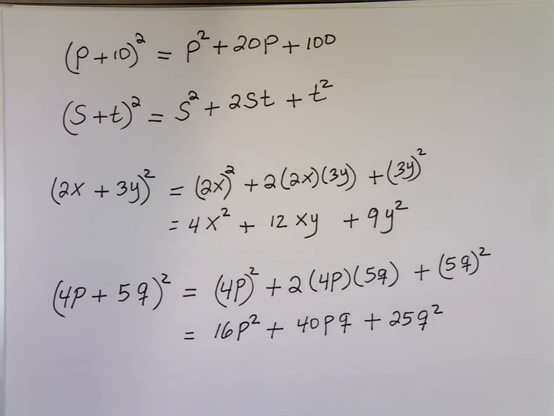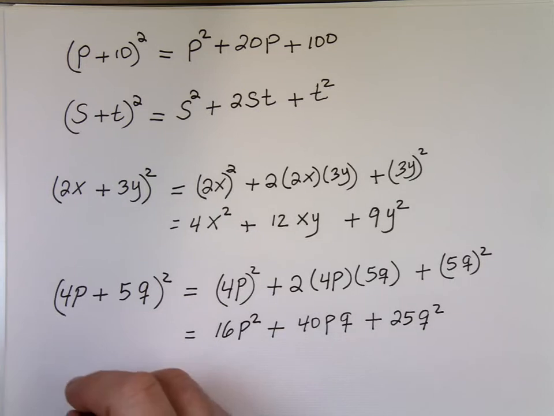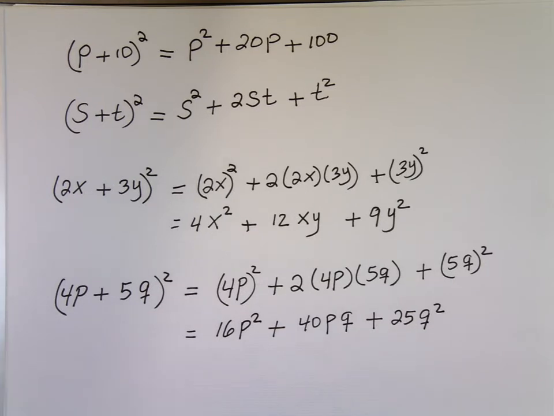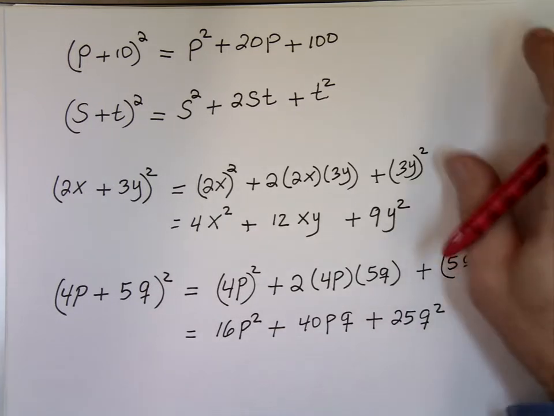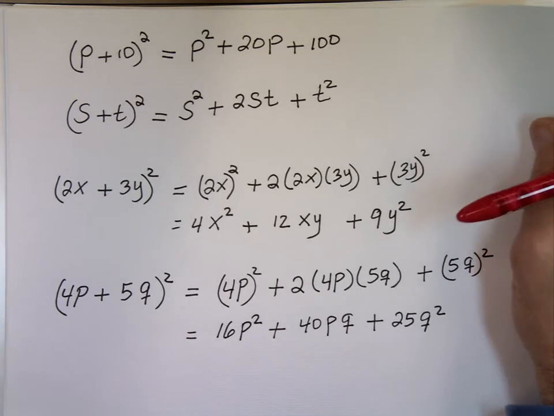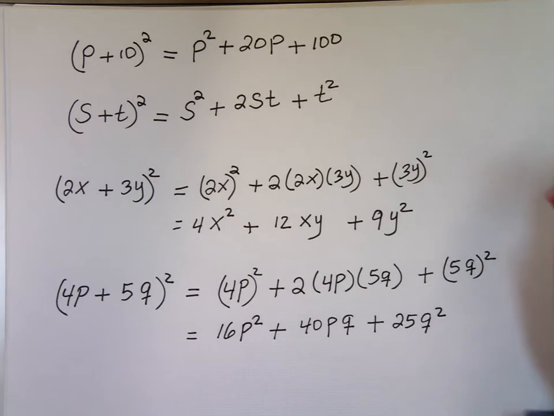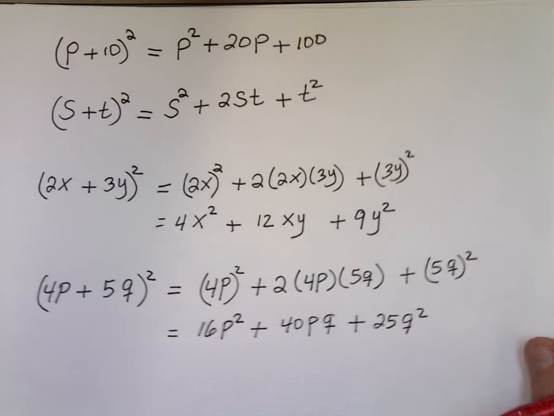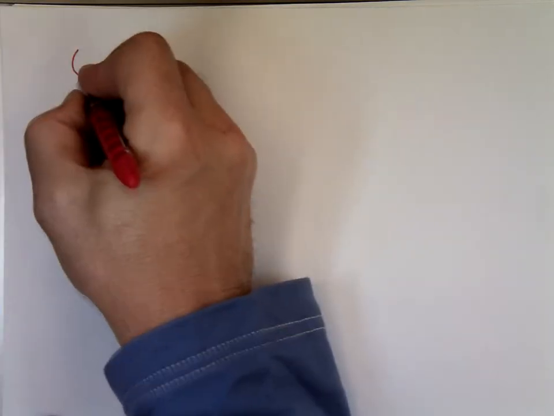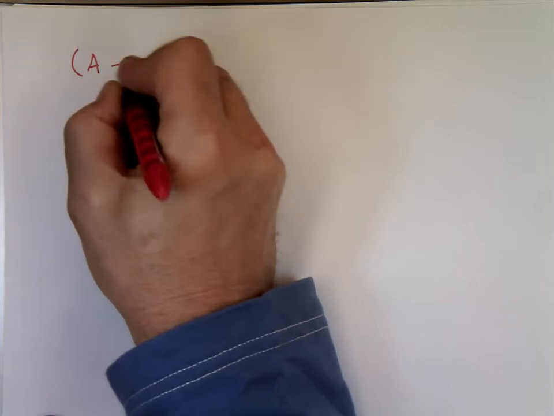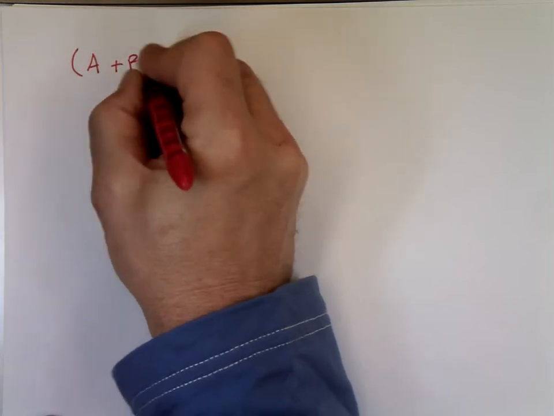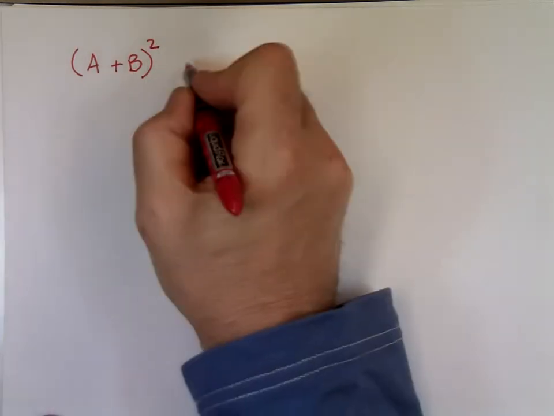Again, I'll go on the next page. The rule I'm using says if you're adding two things, we'll call them A and B, and you want to square it, let's see what the FOIL method says.